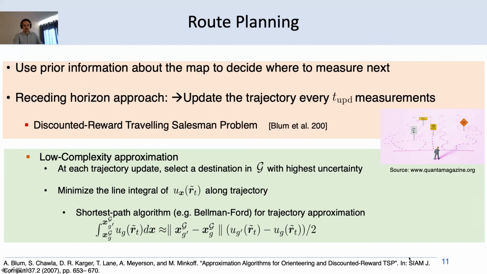The path it follows to reach that destination is a shortest path obtained through a standard shortest path algorithm, where the weights of the edges in the graph are chosen so that the drone avoids going through regions with low uncertainty. Okay.